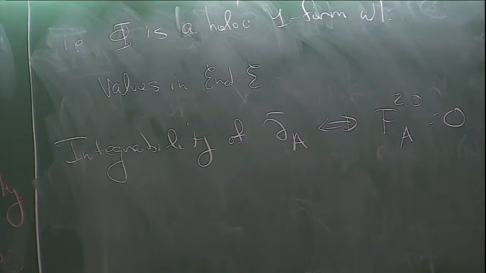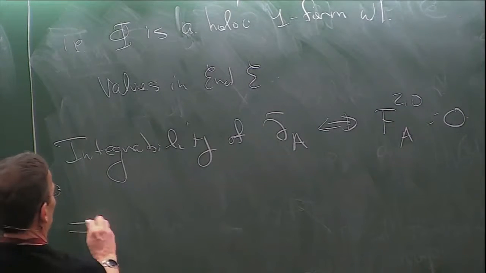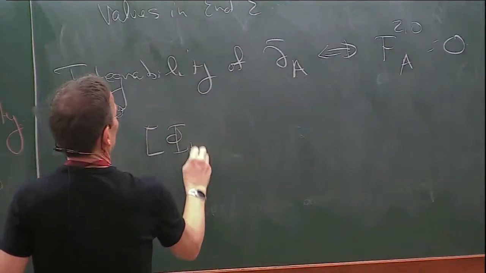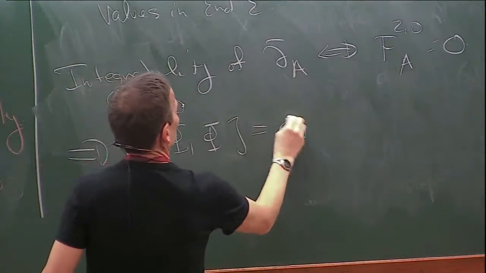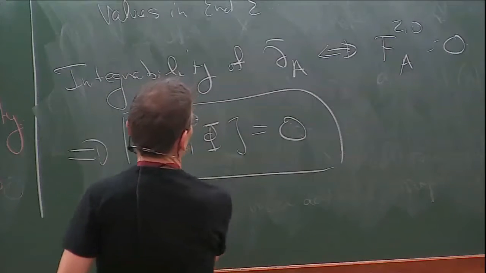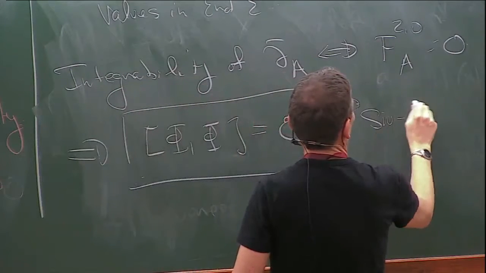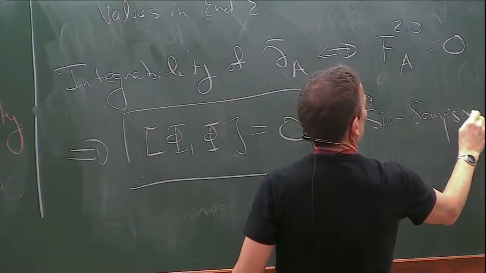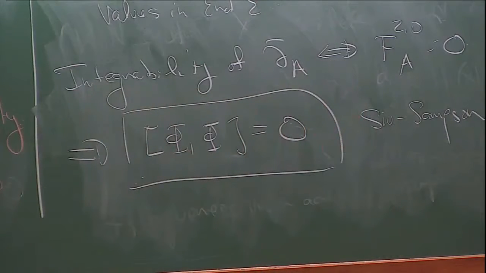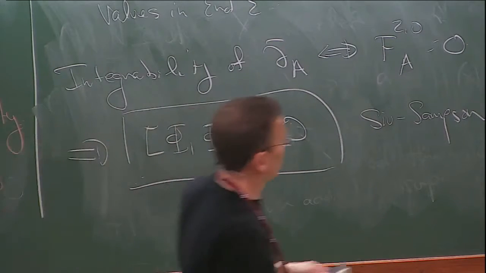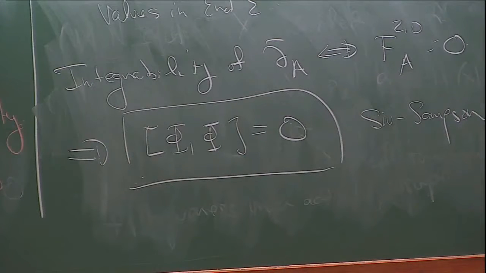And if we go back to these equations and look at that, that implies something more about phi, namely that the bracket of phi with itself is 0. Okay. So this, we will see, is a manifestation of the Simpson theorem that I was talking about just a few minutes ago. So I'll try to explain this tomorrow. Okay, so this kind of motivates the definition of a Higgs bundle.